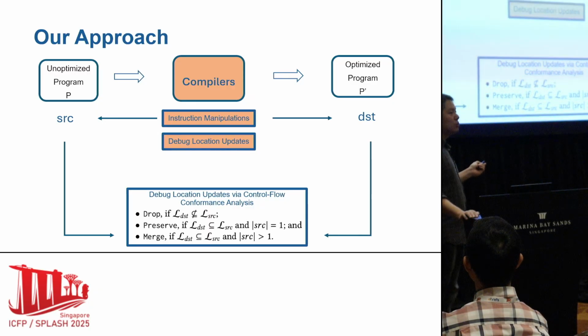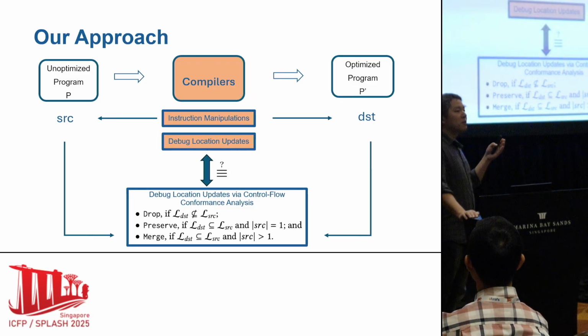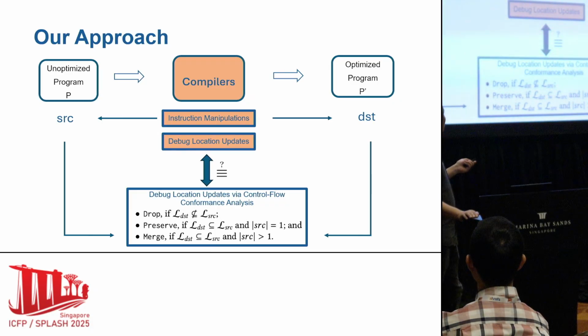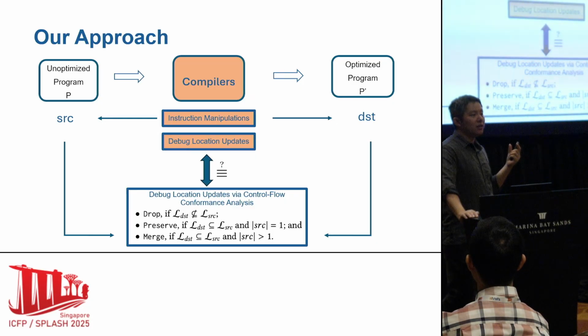And according to these rules, we can compute the expected debug information updates with respect to your program P. Okay, so in this case, in the orange box, we get what the compiler does in order to update your debug location information, and then we also obtain the expected updating behavior according to our static analysis. We just compare these two results, and if we find any inconsistency, then we report the bug. Okay, that is the general idea behind our framework.